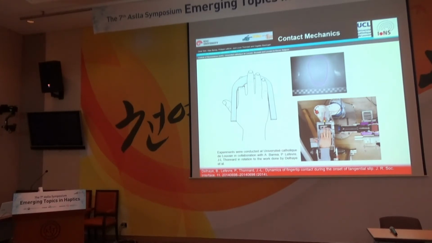So let me show you the animation here again. This is the setup. On the right-hand side, this is the camera system, which is used for imaging the fingerprints. And the white piece is the robotic system, which helps you adjust the normal contact forces.